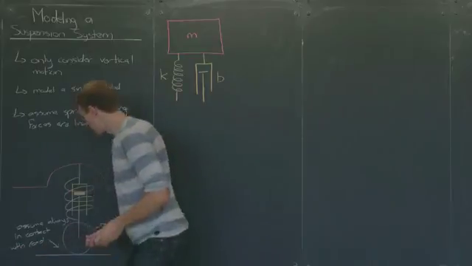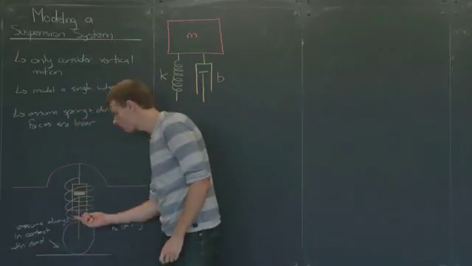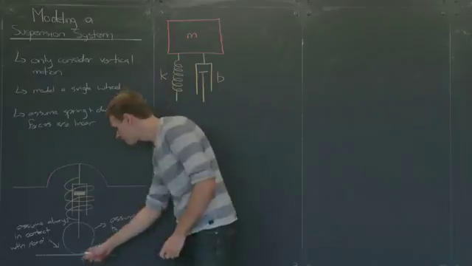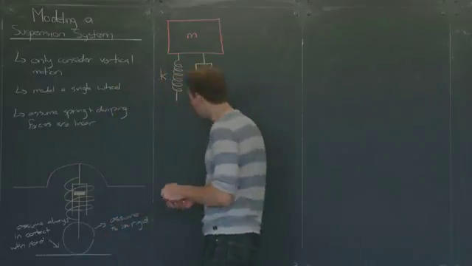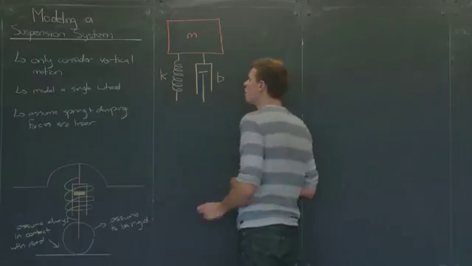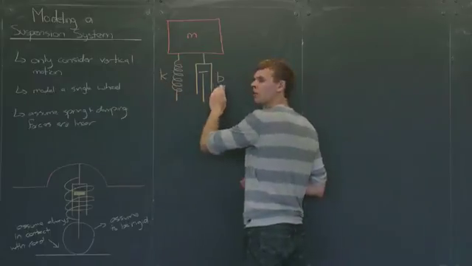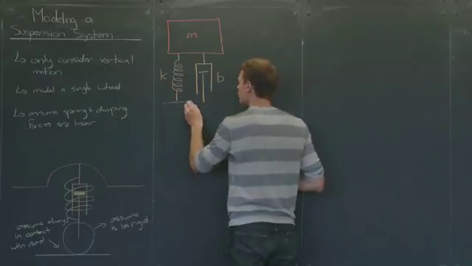With these assumptions, the changes in the vertical position of the wheel will be identical to the changes in the height of the road directly beneath the wheel. Therefore, in our schematic diagram, we can attach this spring and this damper directly to the surface of the road.